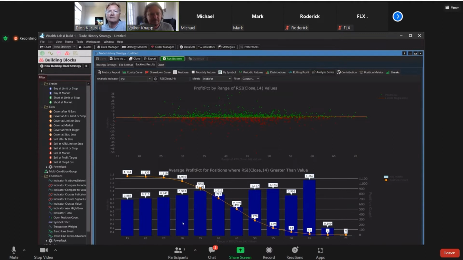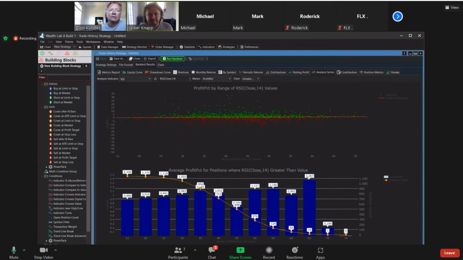So if the RSI 14 is above 15, you only have an average profit of 0.8? It's interesting. The best result is when you take the trades where the RSI 14 is greater than 65.